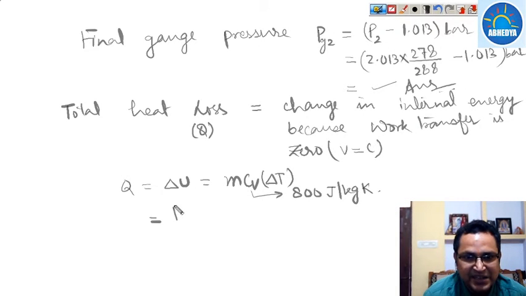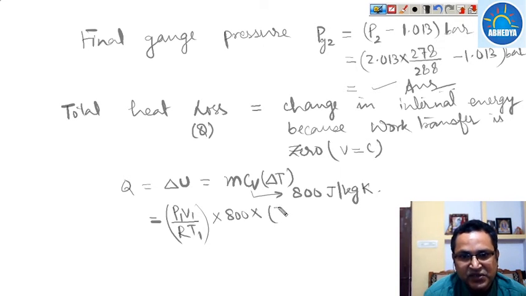For mass it is P1 V1 upon R T1, where R is the gas constant. This is multiplied by 800 into delta T, which is 5 minus 15. So obviously this becomes negative. This negative sign shows that it is a heat loss.